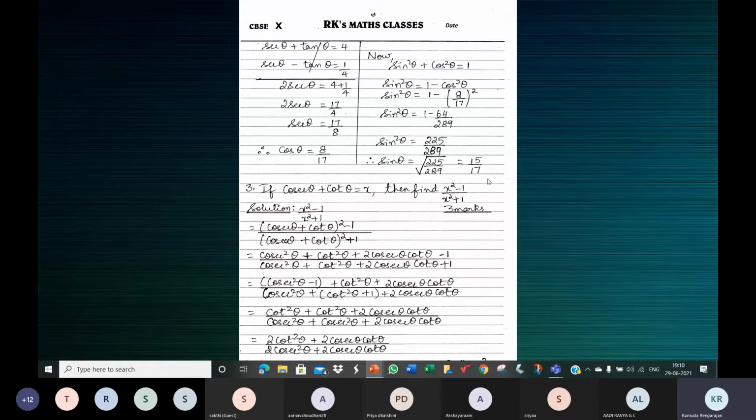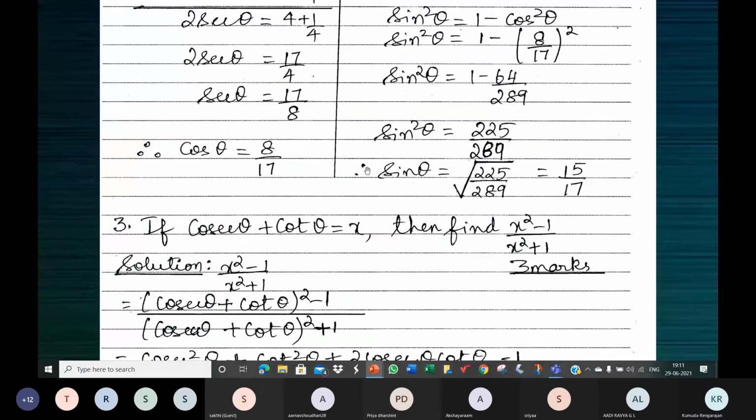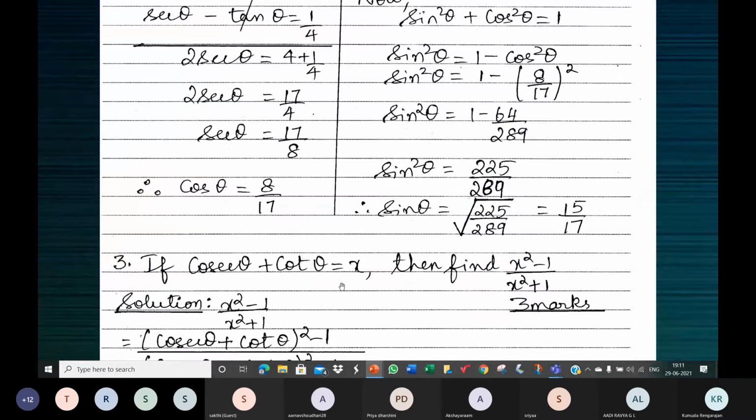But what are we to find here? The question is to find x square minus 1 by x square plus 1. What is x? X is cosecant theta plus cot theta. We need to find x square.